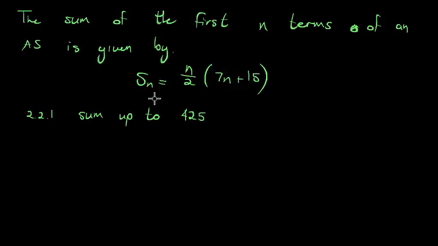I'm trying to find n. Very good. That's all I'm asking. So if n is what we're trying to find in this equation, we can't have another variable Sn. So where's the 425 going to go? Sn is going to be 425 is equal to n over 2 times (7n plus 15). That's it. All we need to do is solve for n.